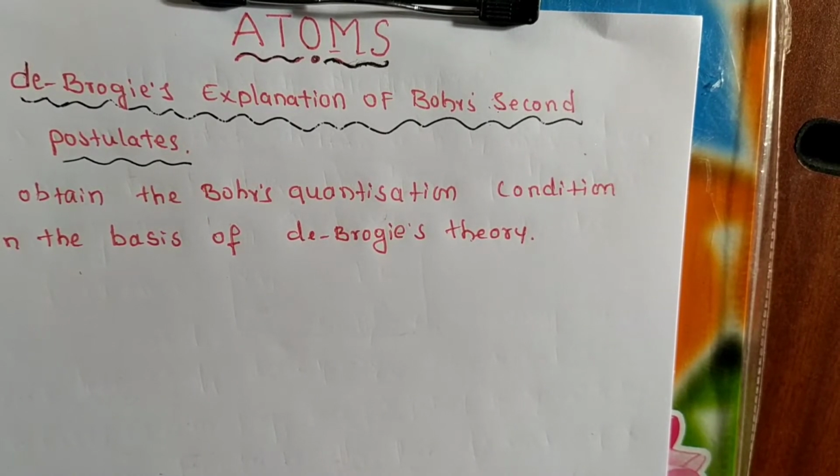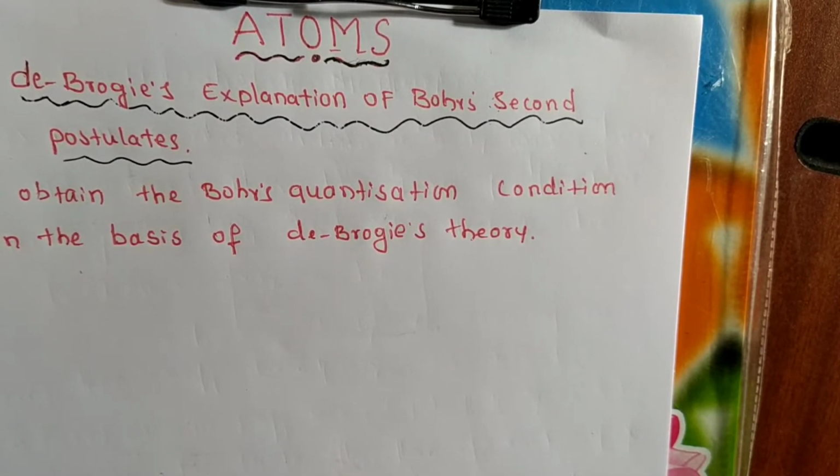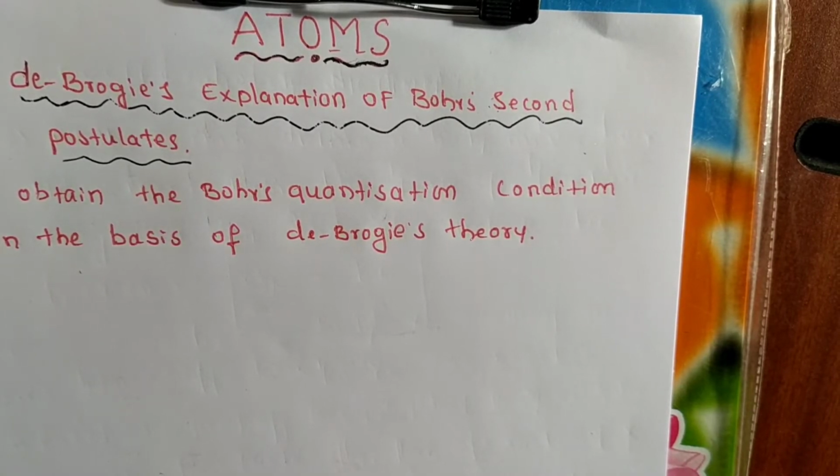Here, one electron is revolving around the nucleus in a circular orbit. The circumference of the orbit is considered as 2 pi r. The number of the orbit is considered as n.